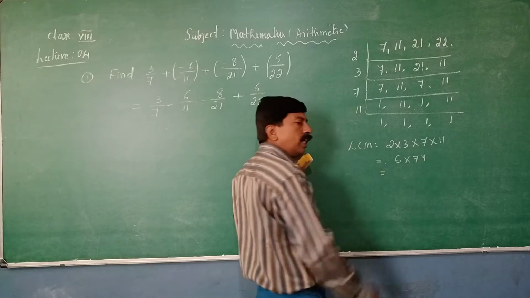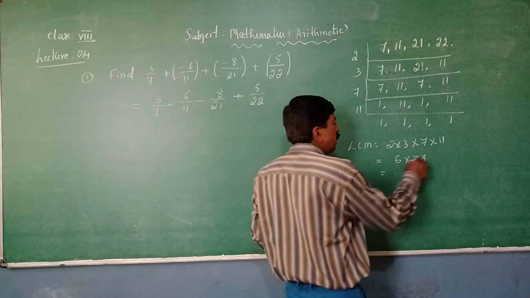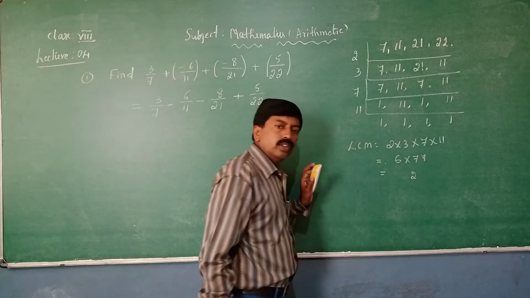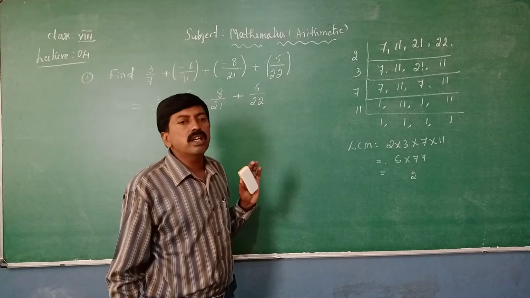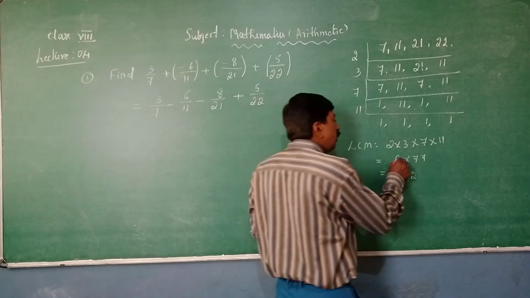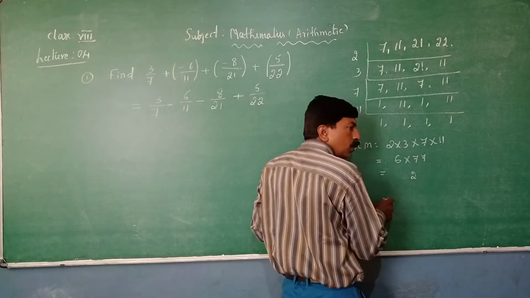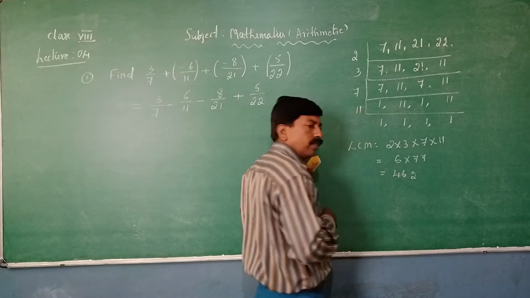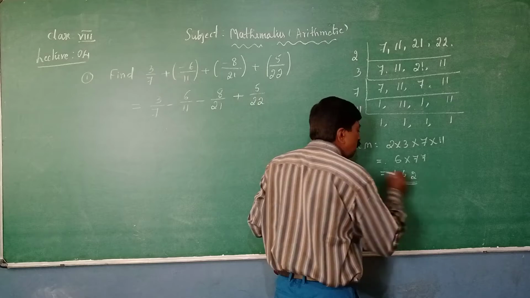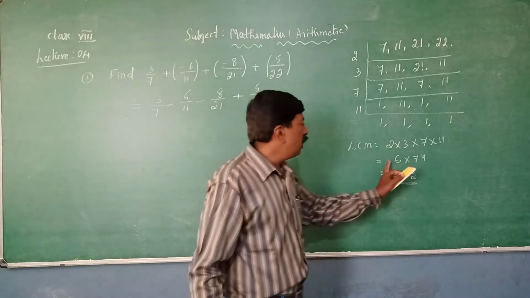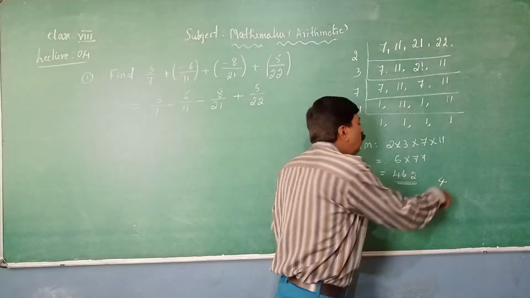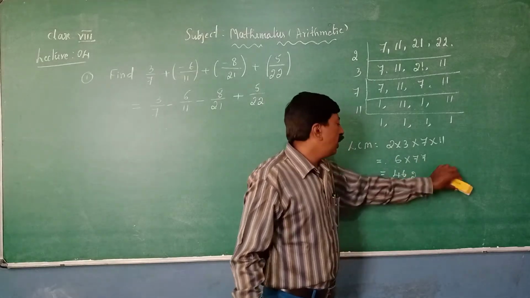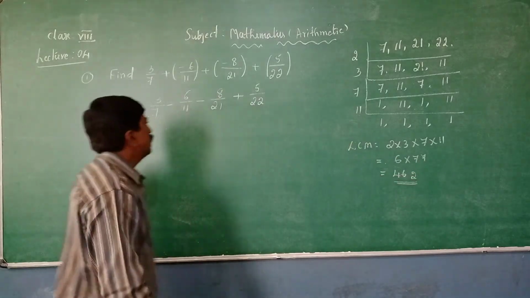So 77 into 6: 7 6s are 42, 4 carry, 7 6s are 42 plus 4 is 46. So 462 is the LCM.